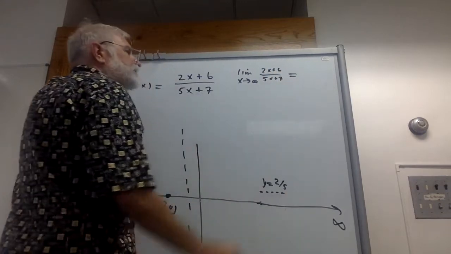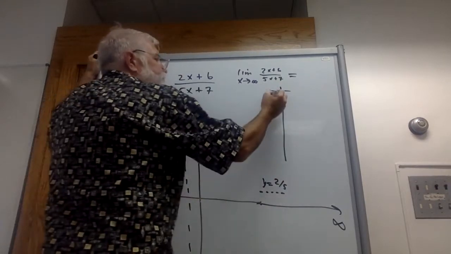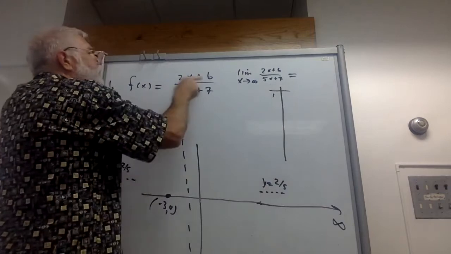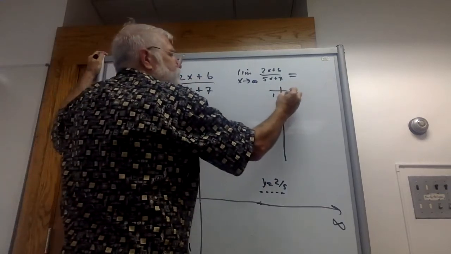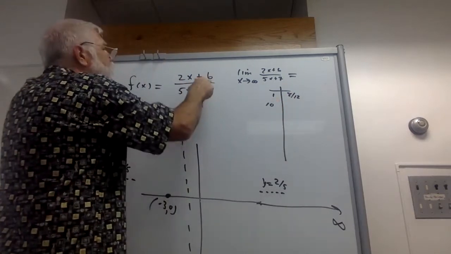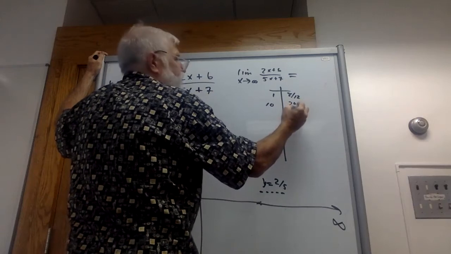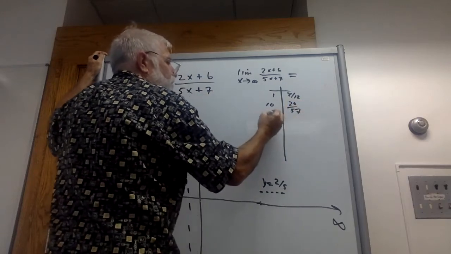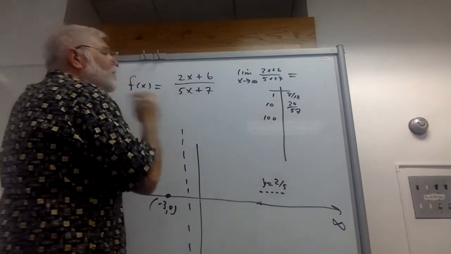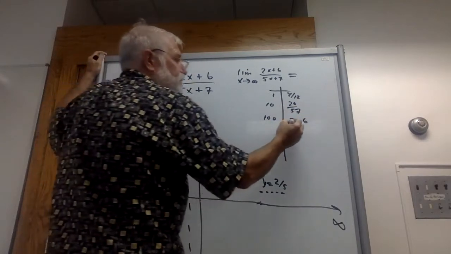Let's do a little analysis. Let's put the number 1 in. 8 over 12. Let's put 10 in. 26 over 57. Let's put 100 in. 206 over 507.